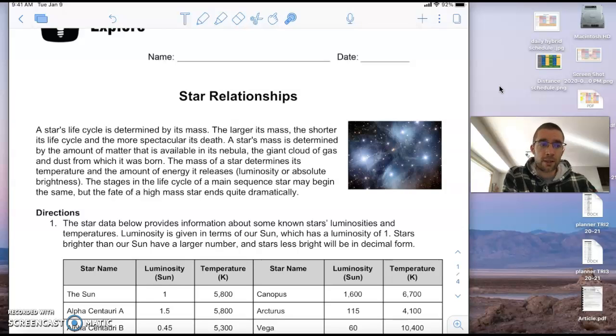And both of those we can measure based on the light and observations from those stars. So luminosity is extremely important for this activity. And then the other thing that showed up a little bit is this idea of a main sequence star. And a main sequence star is just a specific portion of a star's life cycle, which again, we'll talk about more after we get through these explore activities.